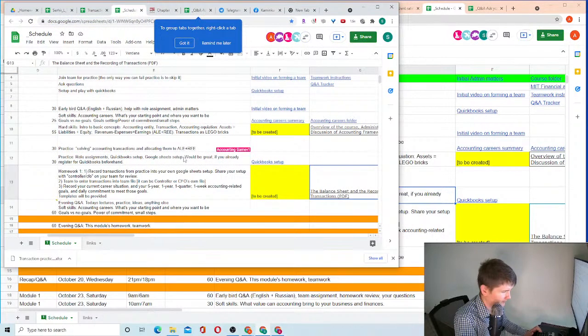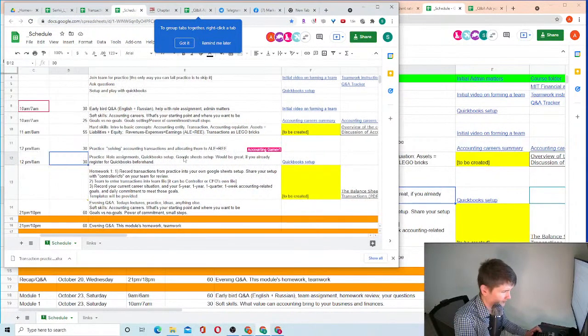Okay, let's get back to our schedule. Roles. I will still wait, so we are not starting any teamwork this week. If anyone wants to sign up, I will start to manage the teams, like to allocate unallocated people to the teams.